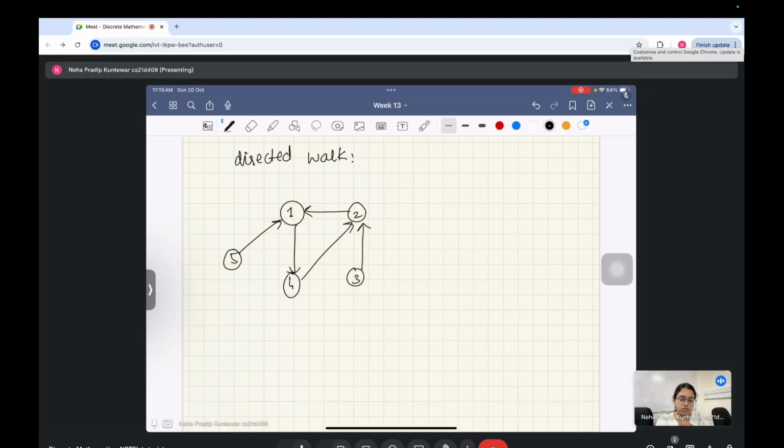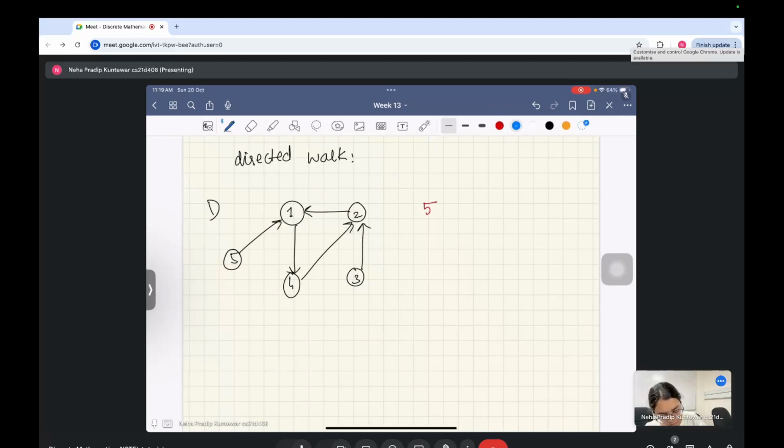Let's say I have this directed graph G or D, and when I say a directed walk, what I mean is I'll start at some vertex. So let's say I start at 5. I first write the vertex name, then I'll take an edge, there could be multiple. I'll just randomly take one.